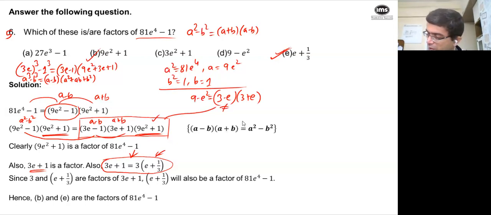And even 3 minus e is not there in the factorization. So 9 minus e square, only if each of its factors is there in the original factorization, I can say 9 minus e square will be a factor. Otherwise, it is not. So this is not. Also, I do not see 3e square plus 1. So this is also not a factor of 81e^4 minus 1.